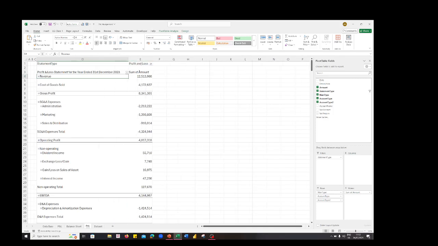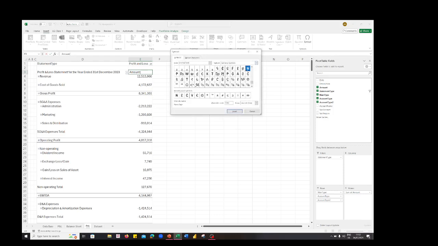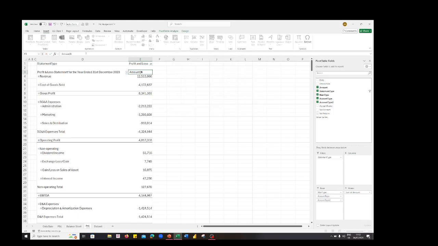So this amount can also just have a space, two brackets, go to insert, to symbol, and click on Naira. Insert, close the bracket. Yes, and you can format it.